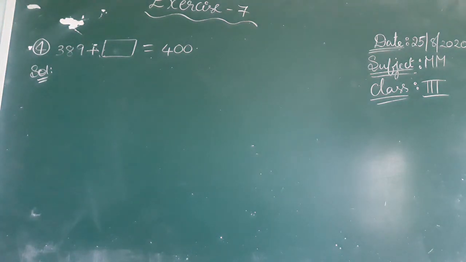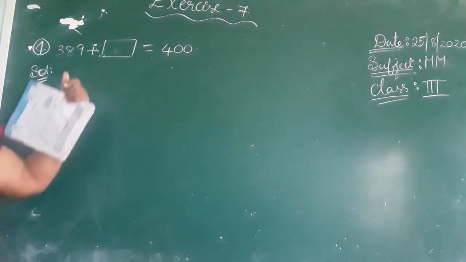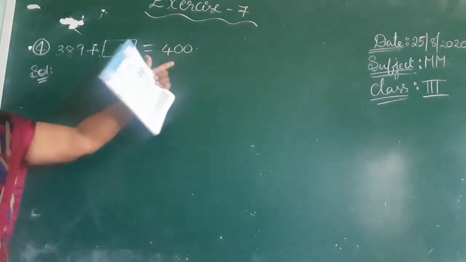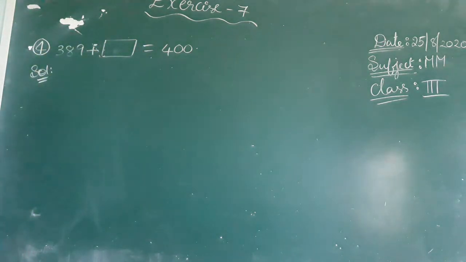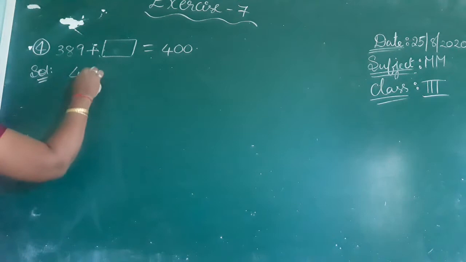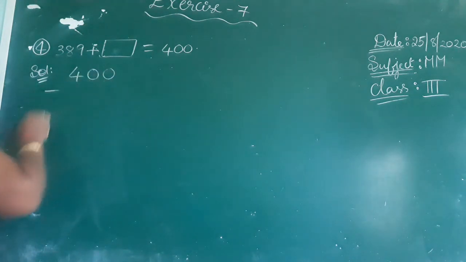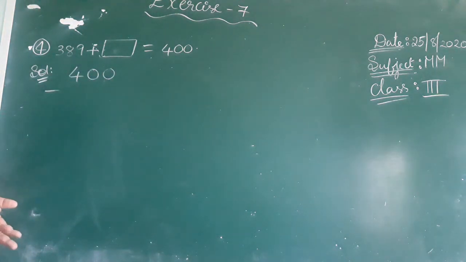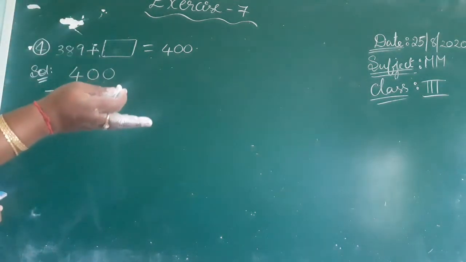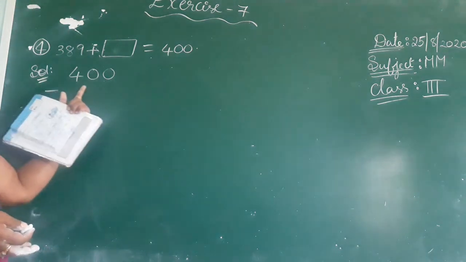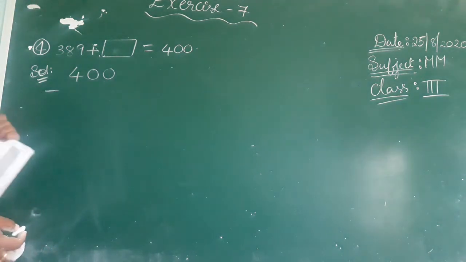So how you will solve? By subtracting 389 from 400. Always the subtraction should be greater number minus smaller number. Always we should write the greater number up and smaller number down.